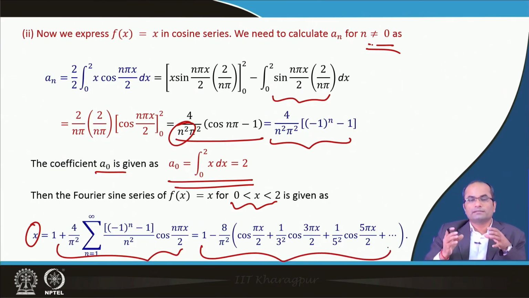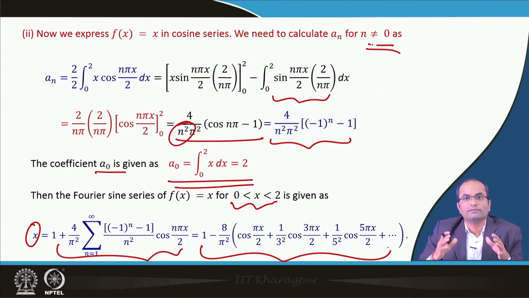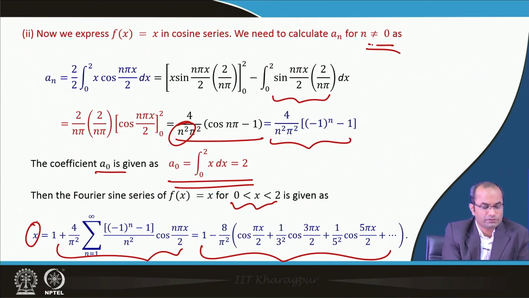So, the same x, the same function which was given in the region 0 to 2, at once we have purely the cosine series, and the earlier one we had just the sine series representation of this x.